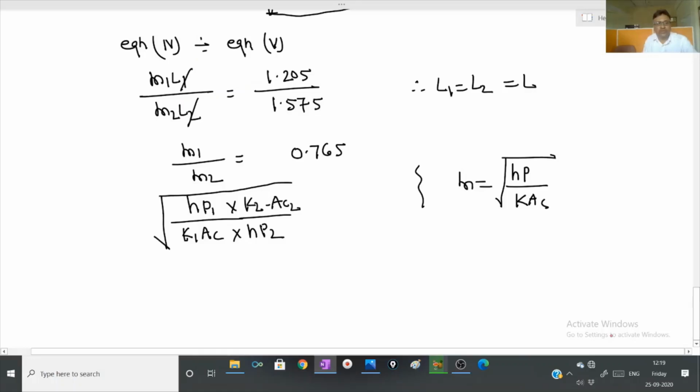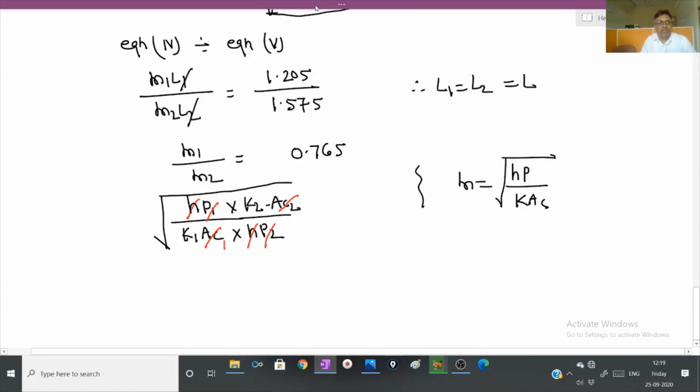Now, as both the fins are of the same length and same diameter, their cross-sectional area will be the same, their perimeter will be the same, and both are exposed to the same environment, so the h value will also be the same.